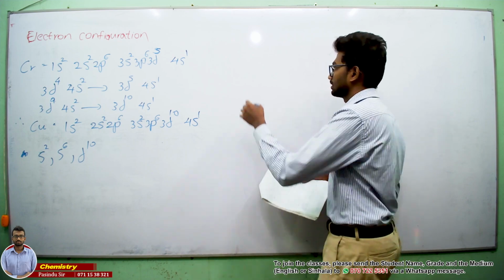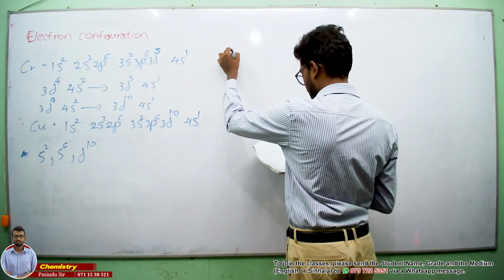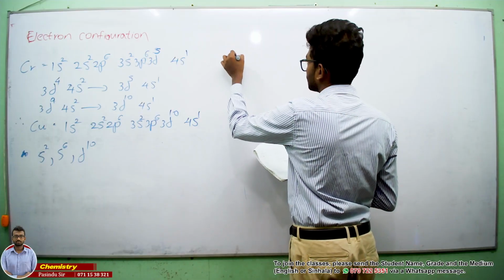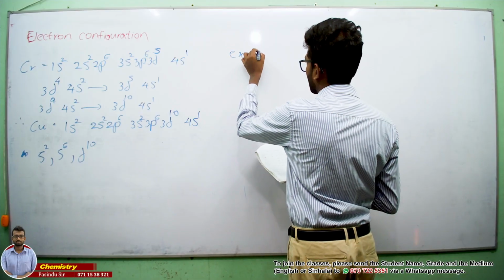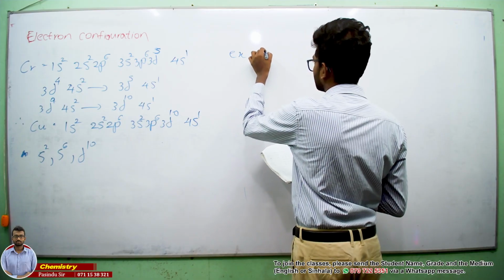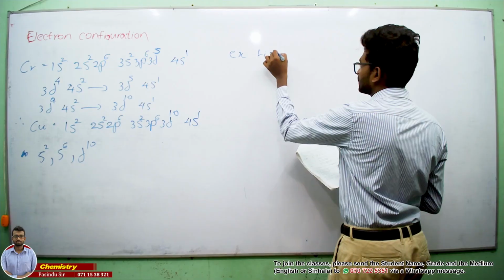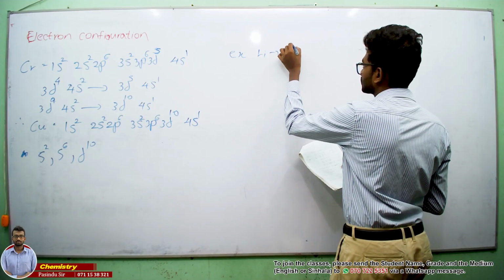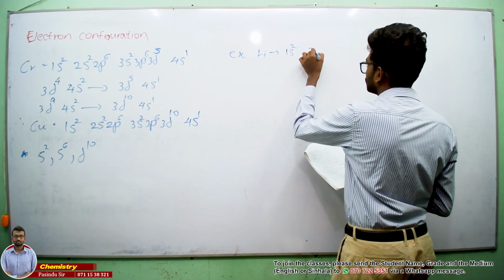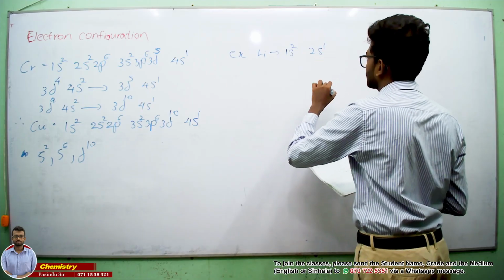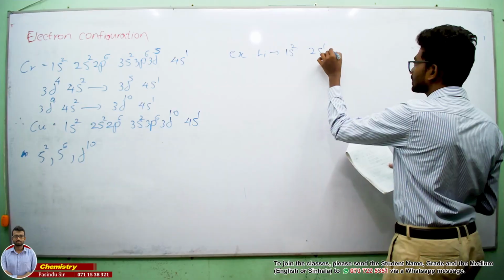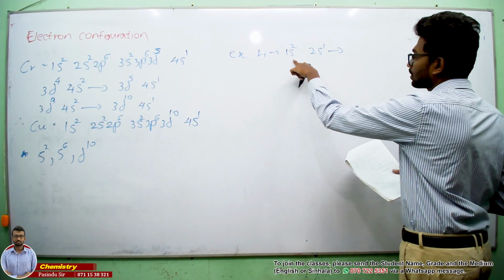Example, let's take lithium. Lithium we should write 1s2 2s1. So you can write this in condensed form. 1s2 means what?